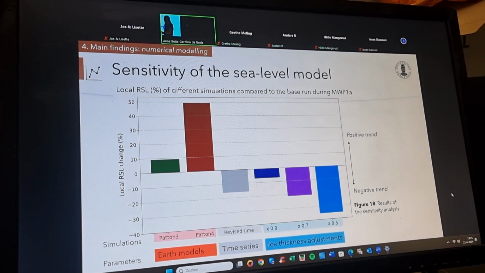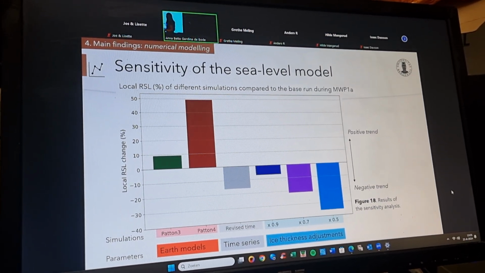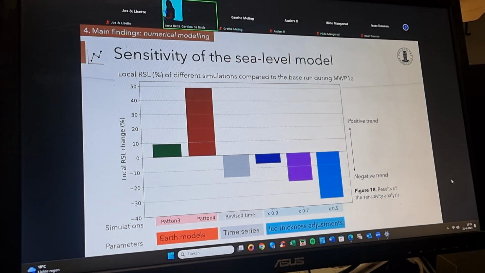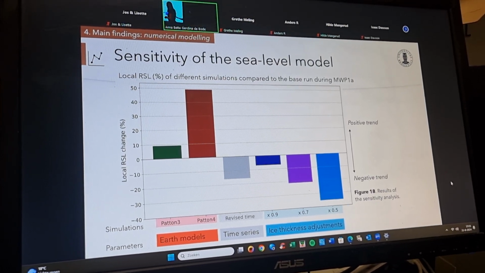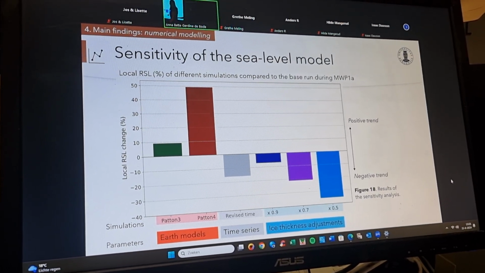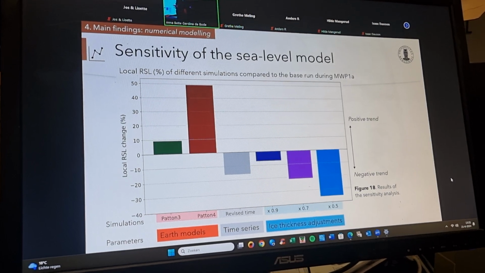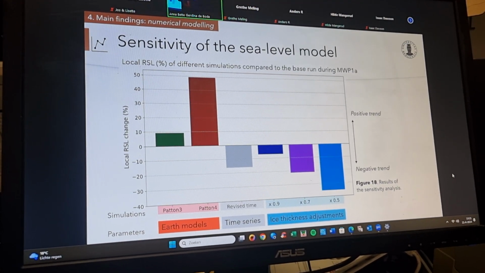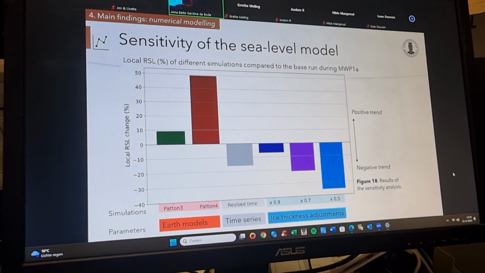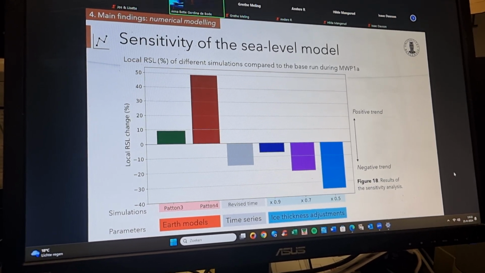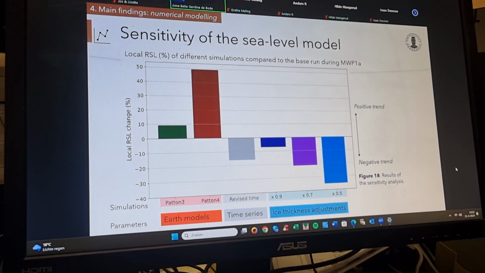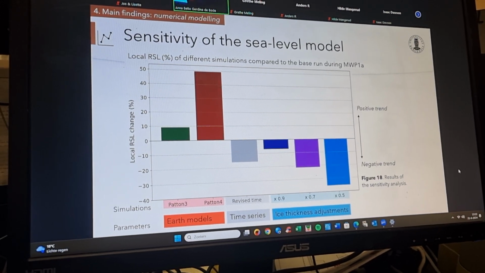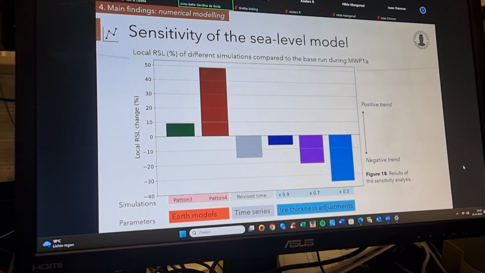That's substantial, and this kind of goes for all of the different parameters. The time series changes it substantially. The ice thickness adjustments too, with increasing ice thickness adjustment. So what I can learn from this is that it's really important to have a large range of simulations because they can differ so much from each other, because it seems that the parameters are impacting each other most.